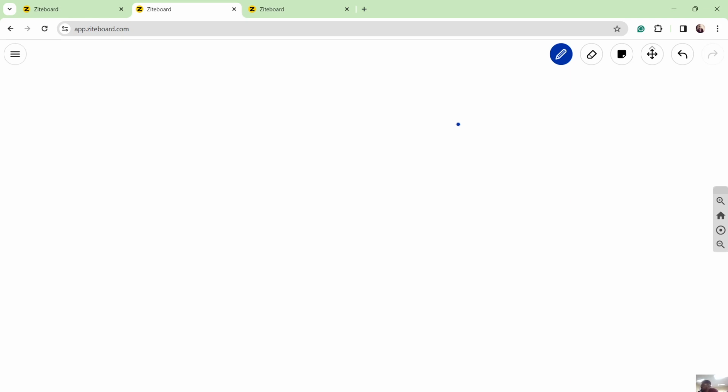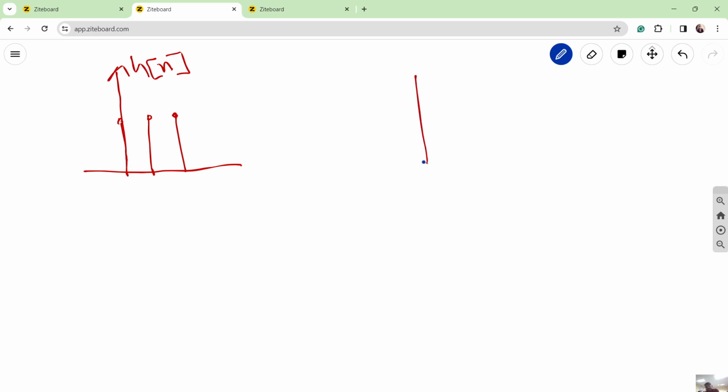So let me solve this. First of all, first sequence is like this. So h of n. Second sequence is like this.